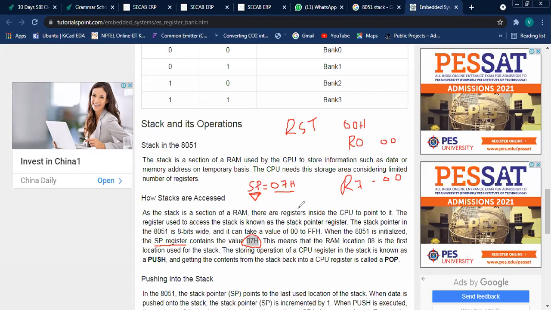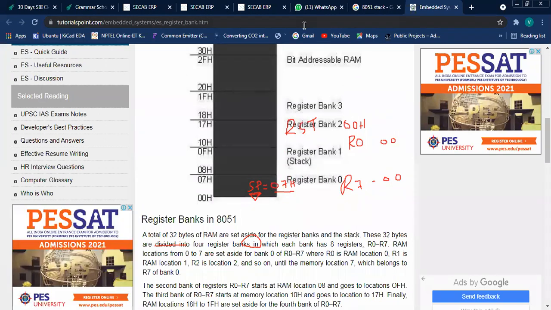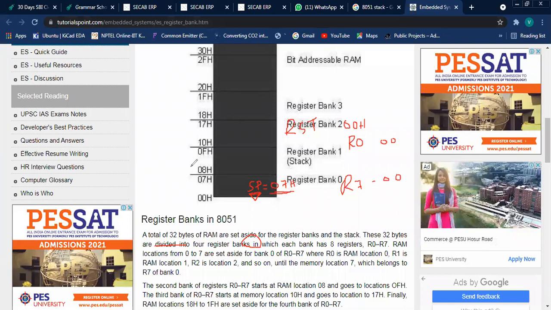The stack pointer will always have 07H because the stack memory is starting from 08H. Be aware of this: stack memory starts from 08H, but the stack pointer holds 07H.